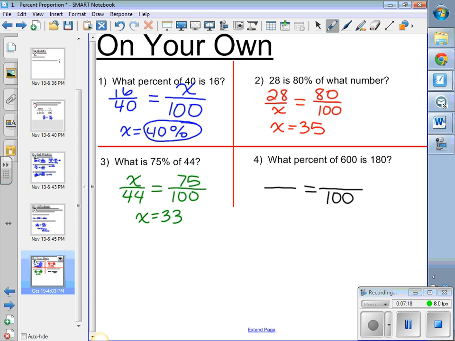What percent, so we know that's the part we don't know, of 600, that's our whole, is 180. That's our part. So 180 times 100 divided by 600. So we multiply across and divide by the one that was left out of that cross. And we get that x is 30%.